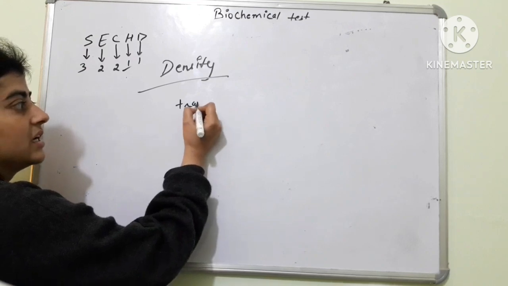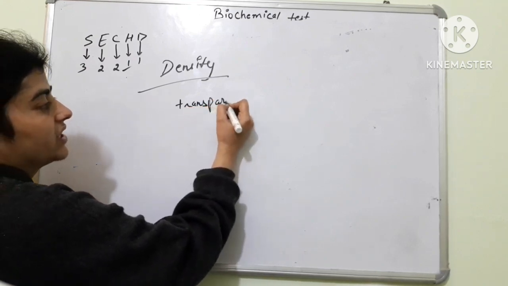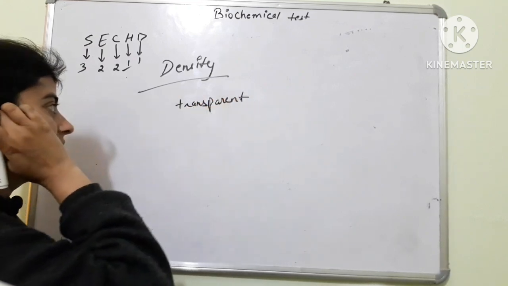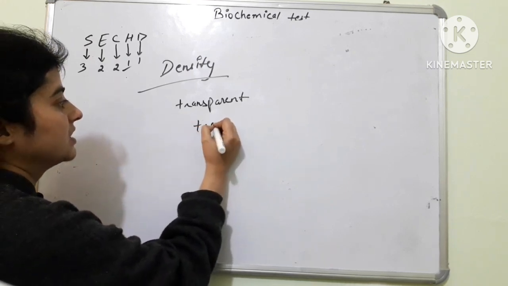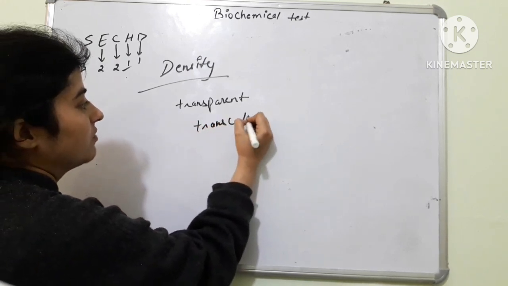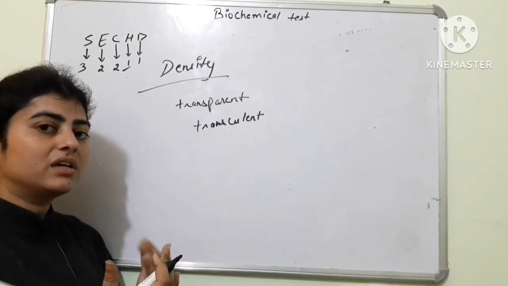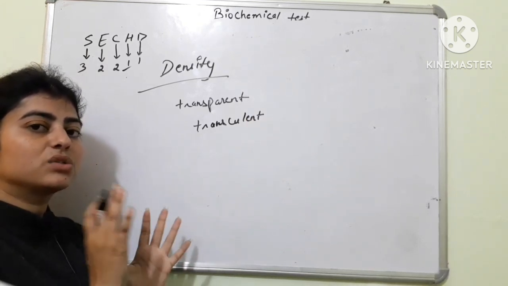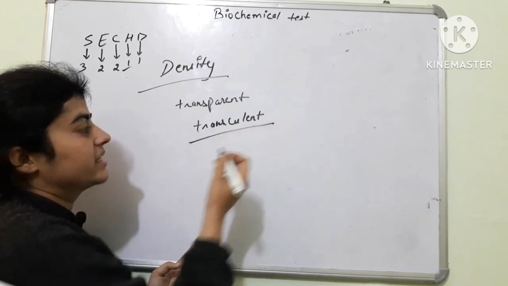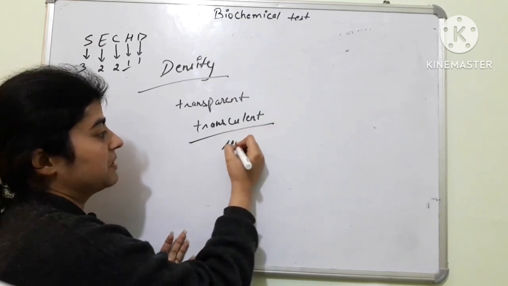Transparent means, you all know I think what transparent is. Translucent means semi-transparent, from which you can see both sides but it is not clear.